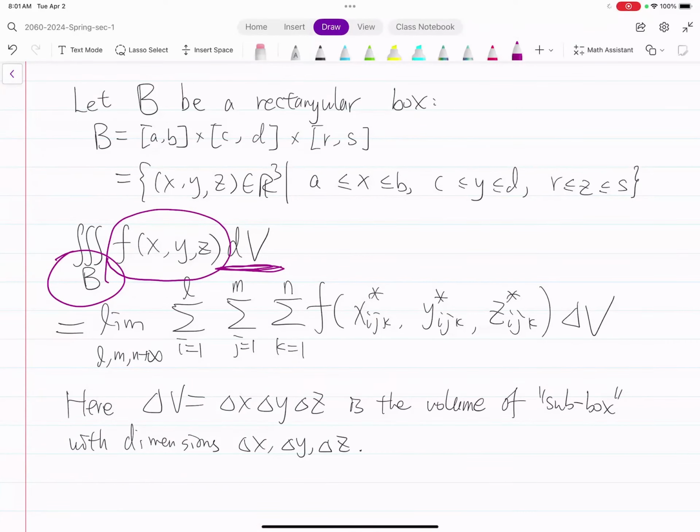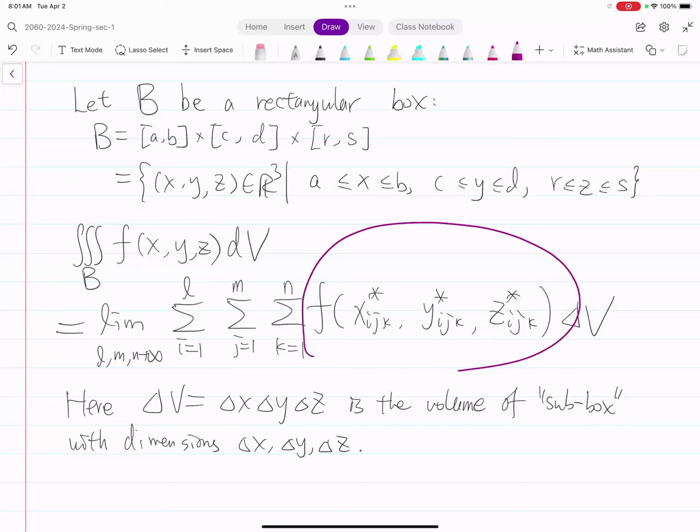So, instead of a region cap D or cap R, now we here have a solid B in three-dimensional space. And the way that we do the Riemann sum is that for any subdivision, we choose a sample function value.